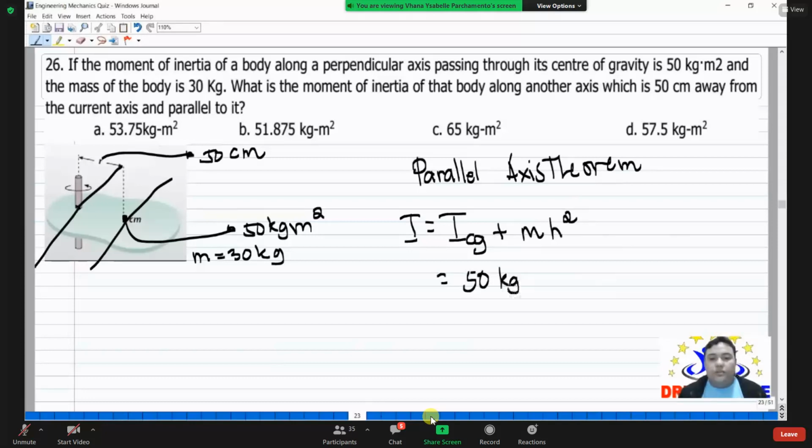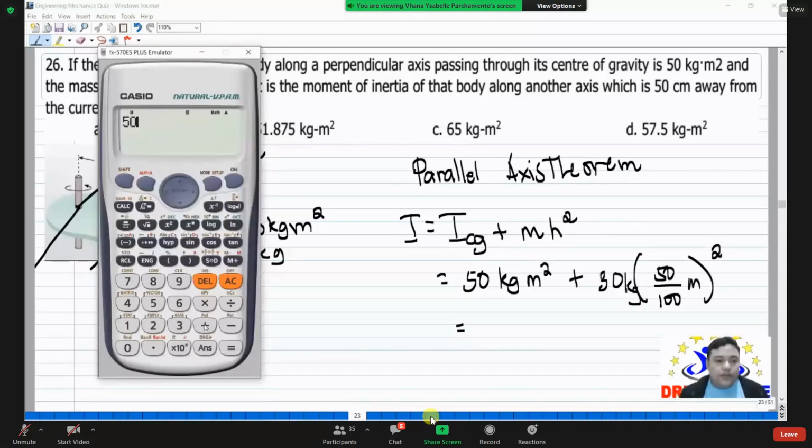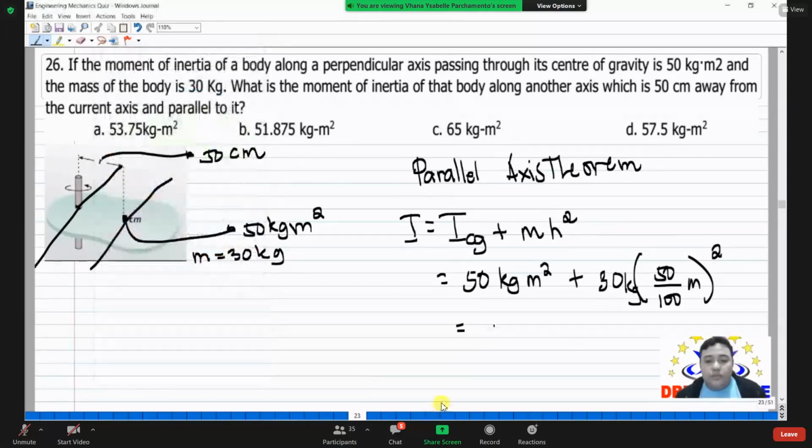So that is equal to 50 kilogram meter squared plus our mass of 30 multiplied by 50 cm, so 50 over 100 meters, the quantity squared. The units are correct. So 50 plus 30 times 50 all over 100, the quantity squared, which is equal to 57.5 kilogram meters squared.